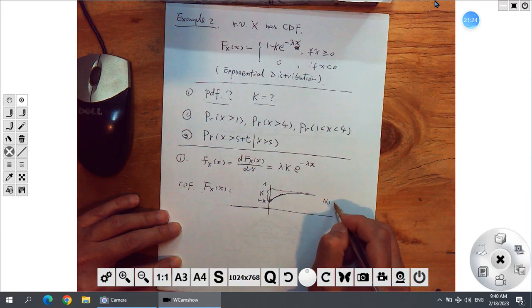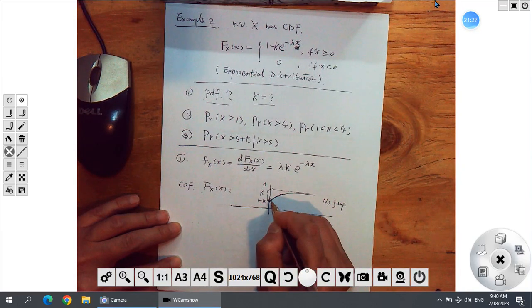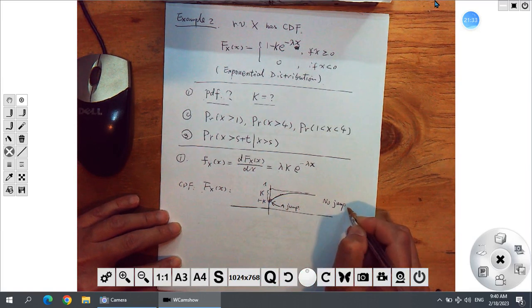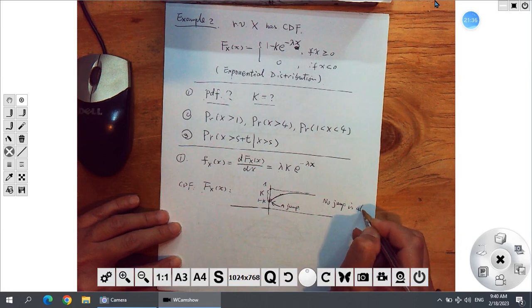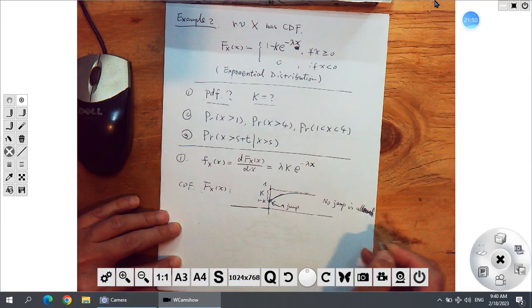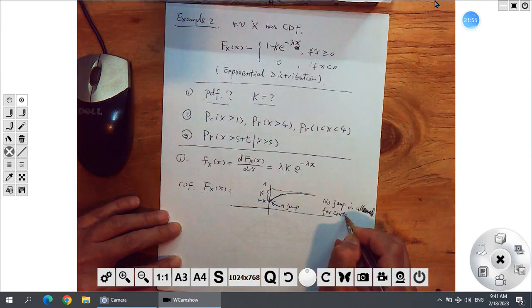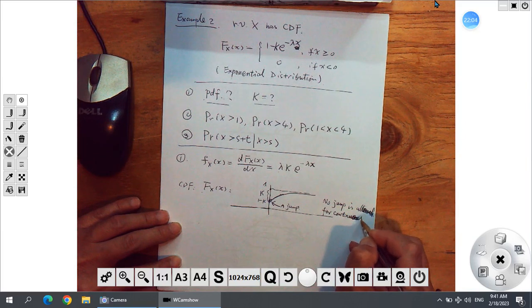No jump is allowed. No jump is allowed for a continuous random variable.